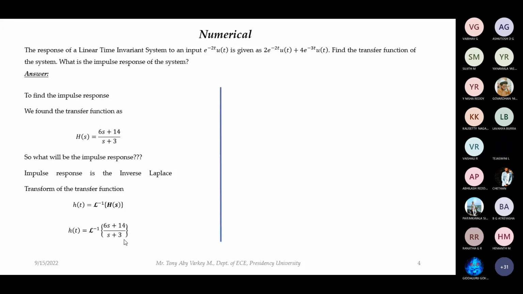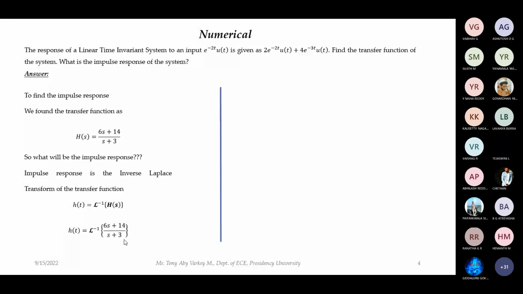Okay, so please remember, if the numerator degree and the denominator degree are the same, you cannot proceed. You can proceed to find the Laplace inverse only if the numerator power is less than the denominator power. That is, partial fraction you can do only if it is less than, correct?